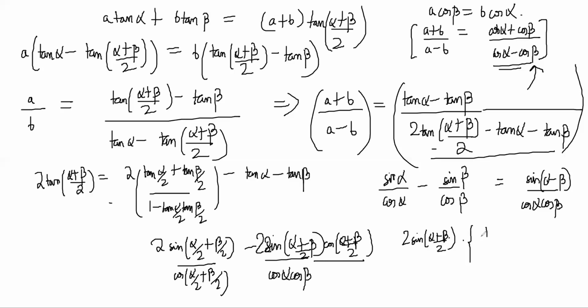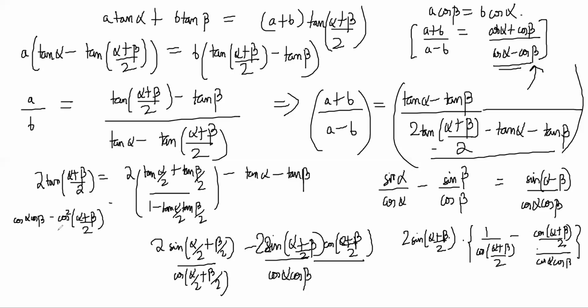It becomes 1 by cos of (alpha plus beta) by 2 minus cos of (alpha plus beta) by 2 by cos alpha cos beta. So cos alpha cos beta minus cos square of (alpha plus beta) by 2, right?